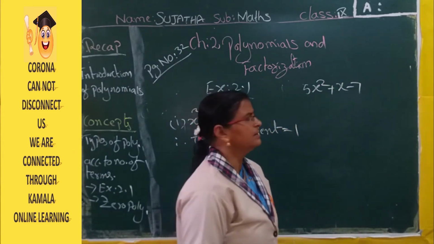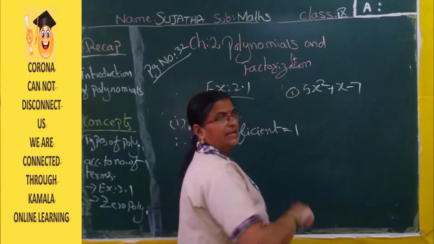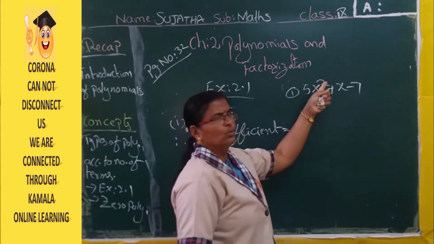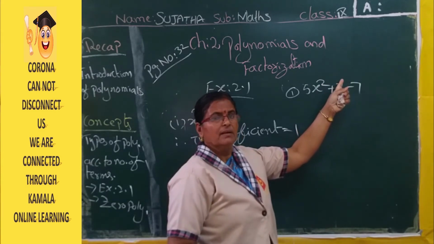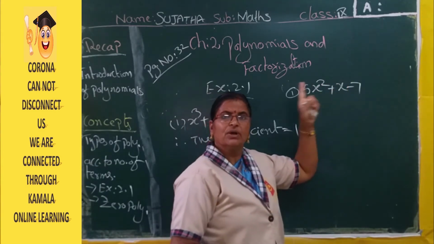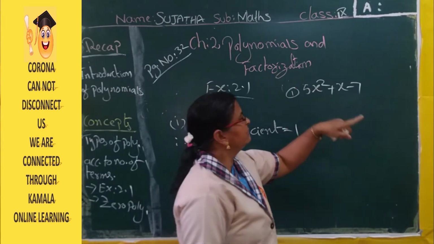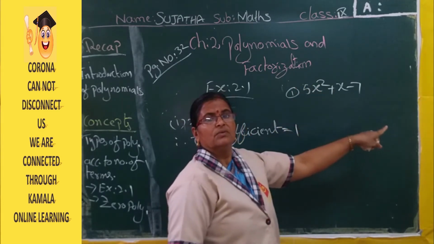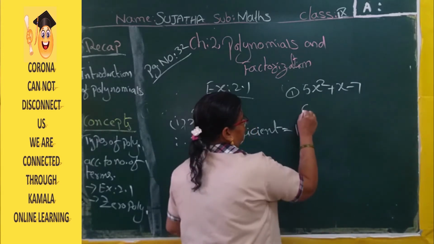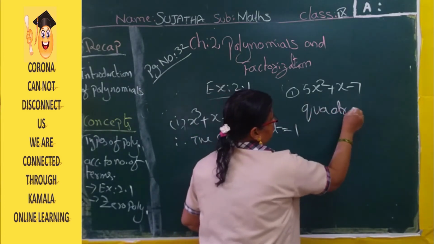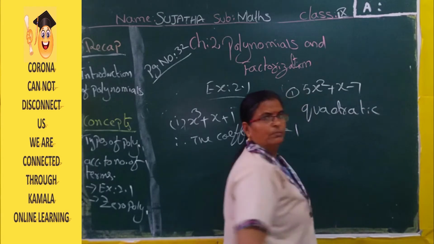In this, what is the highest power? 2. Here x also has power 1, but compared to these two, the highest power is 2. So the degree is also 2. If the degree is 2, what is this polynomial? Quadratic. This is a quadratic polynomial.